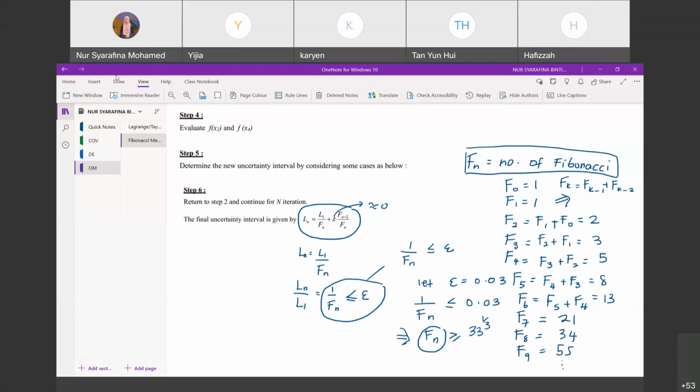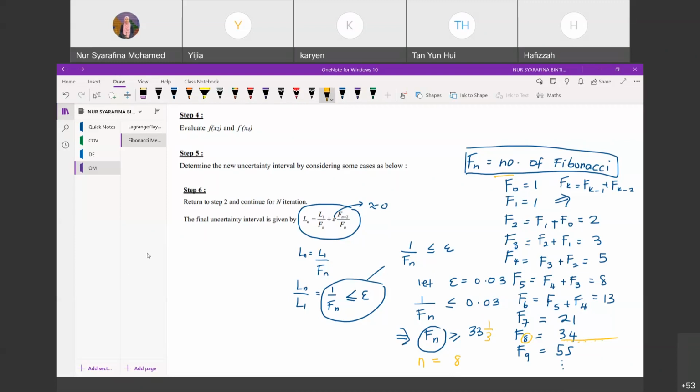So now, as you can see, 33 1 over 3 is located around here. So the number of iterations should be up to 8. So n should be at least up to 8 iterations.